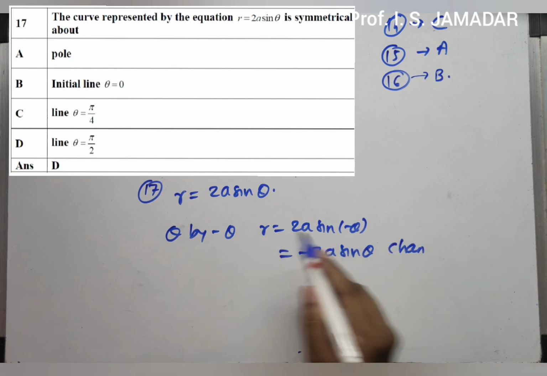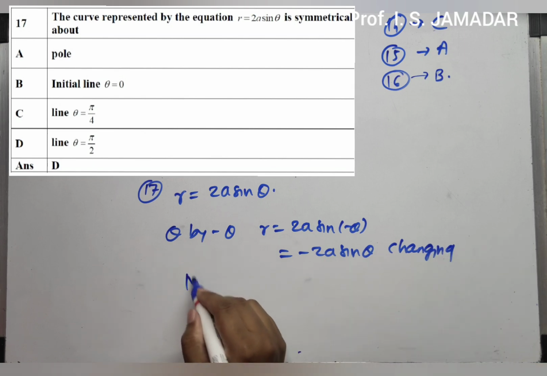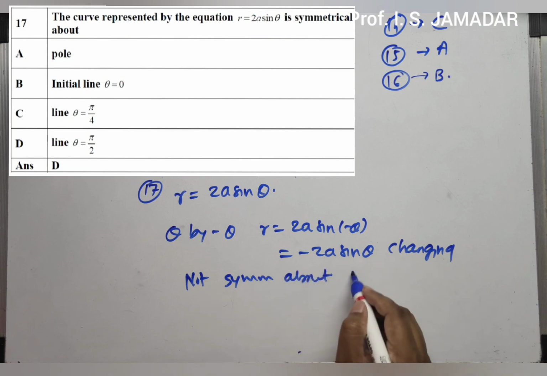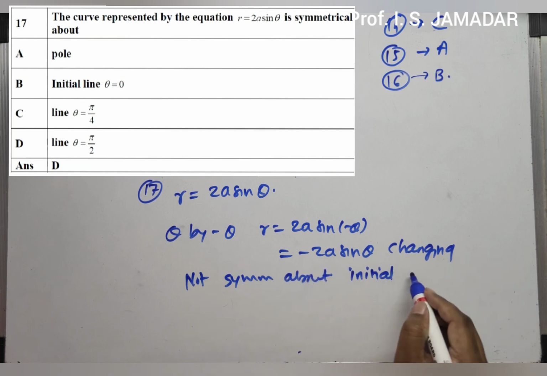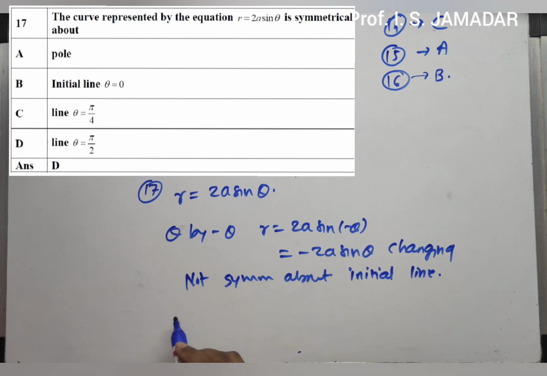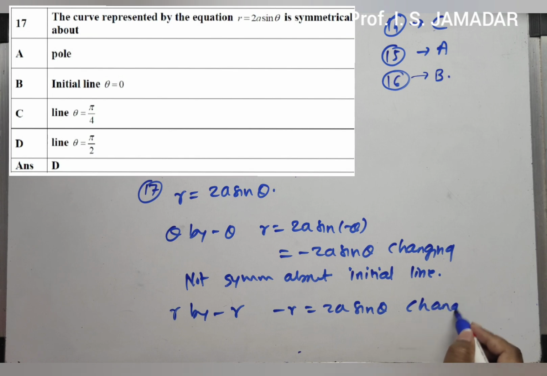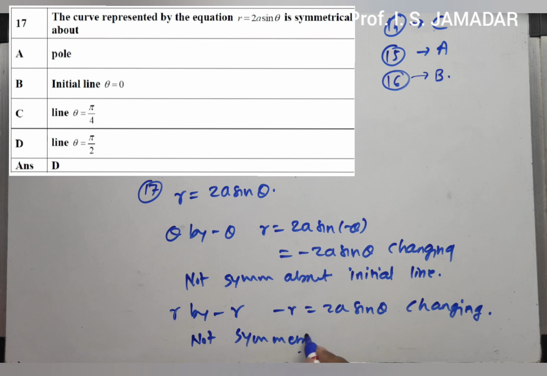It is not equal to the original equation, which means the curve is not symmetric about the initial line. Also, if we replace r by minus r, the equation will become minus r is equal to 2a sin theta, which is also changing. So the curve is not symmetric about the pole.